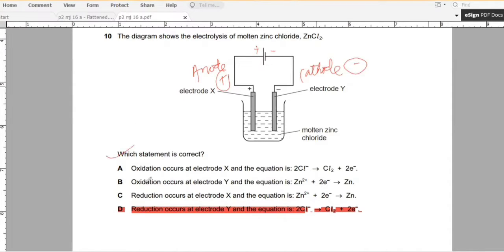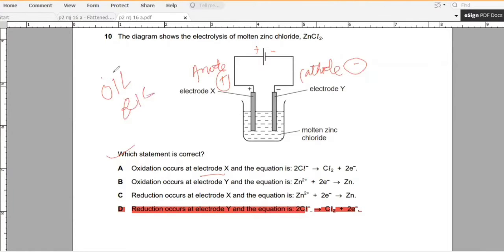So here I would say you have to read the statement first and then find out. Oxidation occurs at electrode X. The equation is this. So here they are talking about oxidation and reduction. So remember it. Electrolysis is a redox reaction. Both reactions take place, oxidation and reduction. So reduction will take place and oxidation also will be taking place at the same time. So you remember this formula, OIL RIG.